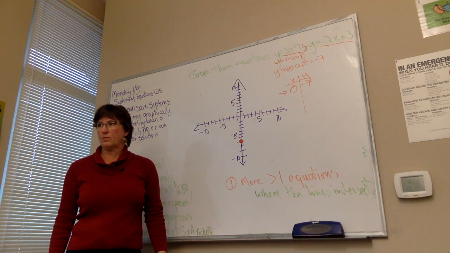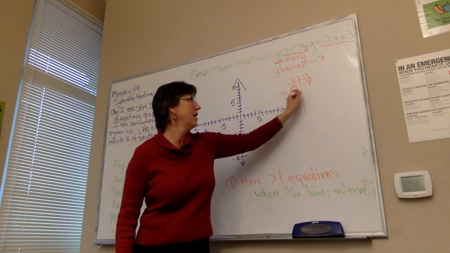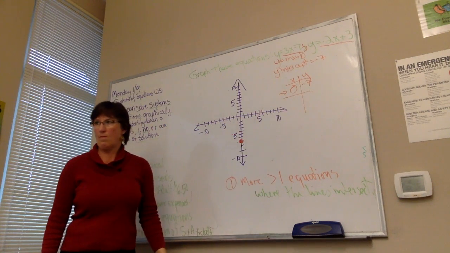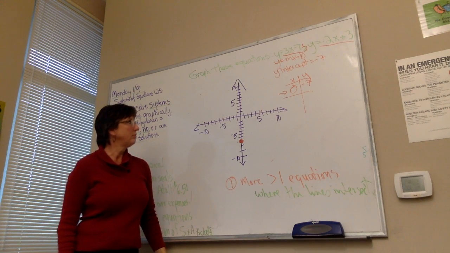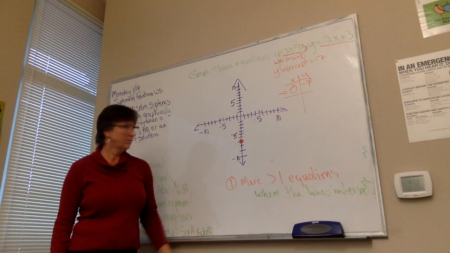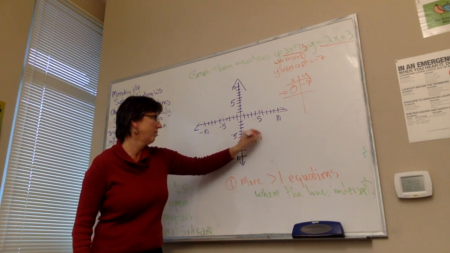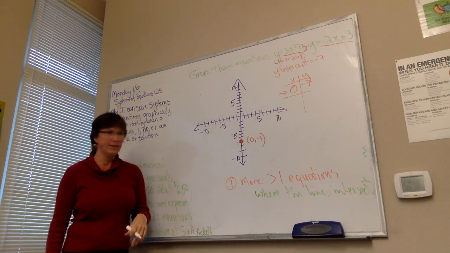So when x is 0, y is -7. So like the ordered pair for that would be 0, 7? Yes, 0, negative 7. You got it.